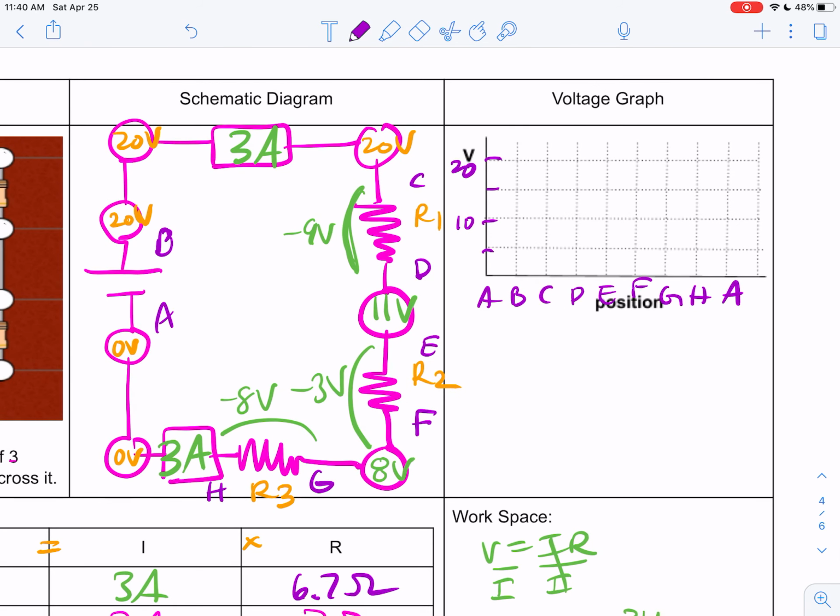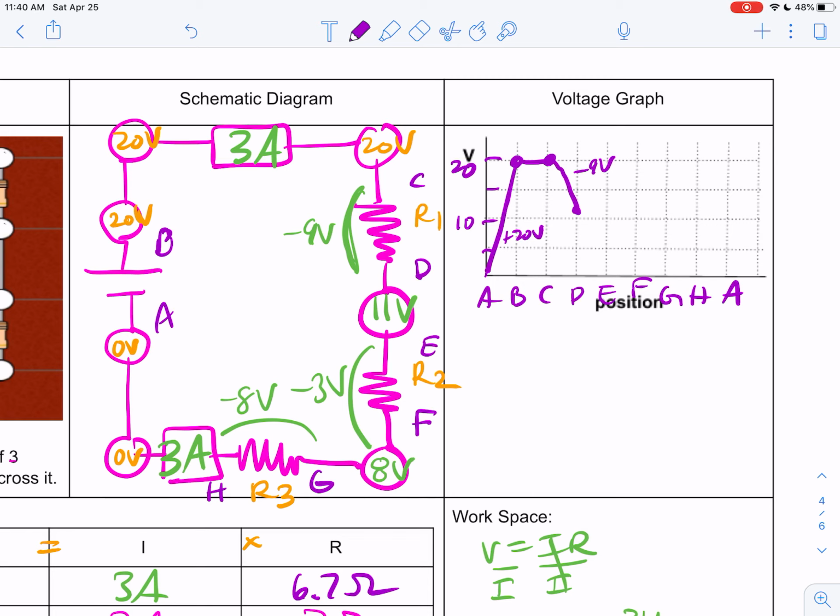From A to B, I'm going to have an increase of 20. Then I'm going to have the flat part from B to C as I cross the wire to the resistor. My first drop is going to be 9, which puts me at 11. So this next one is going to have to be at 11.